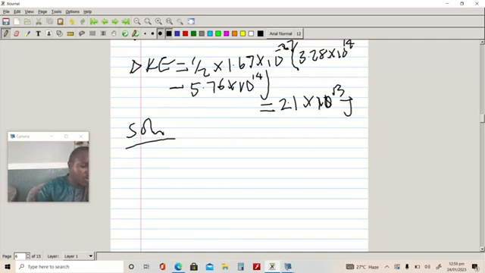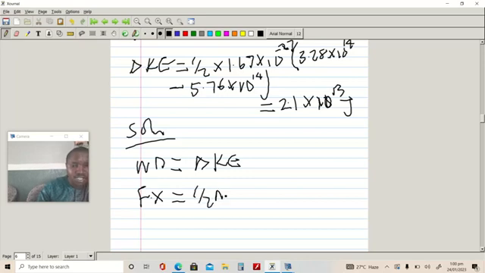From the work energy theorem, don't forget that work done is equal to change in kinetic energy. That's what we have written. Then what is work done? Work done is force times distance, Fx, which is equal to half mv squared minus half mu squared.